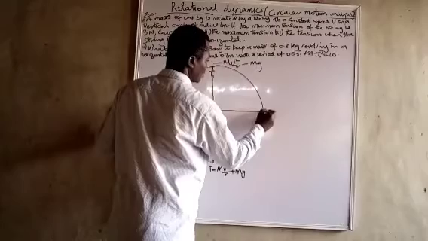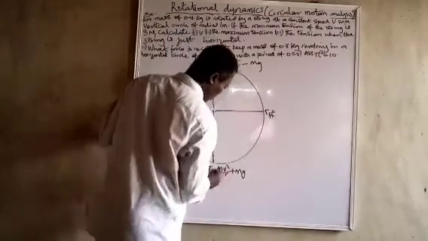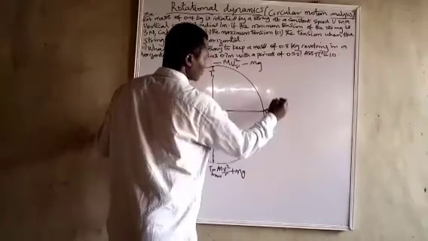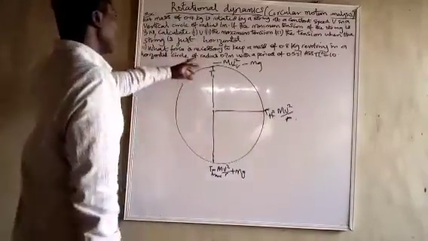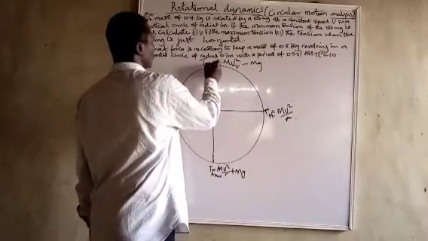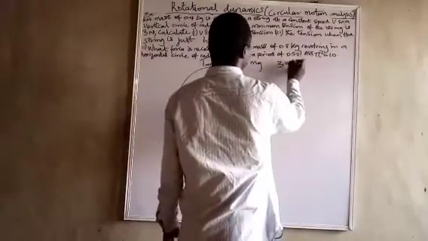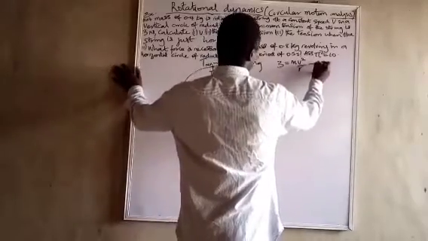And the tension when horizontal will be equal to mv squared over r. We are told that the minimum tension is 3. Therefore, 3 equals mv squared over r minus mg.